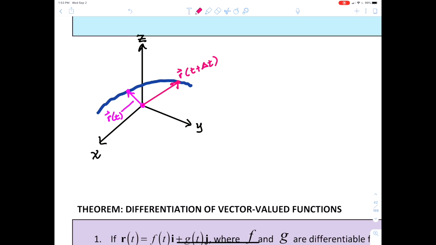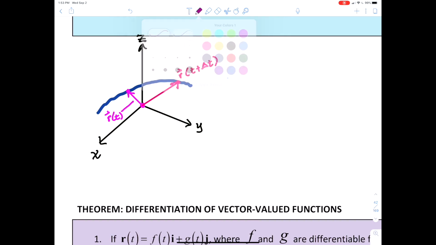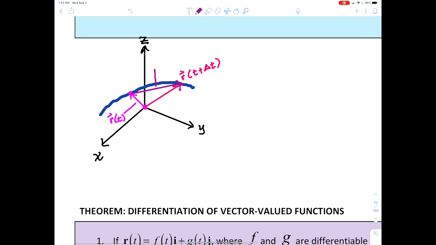Now, what is this difference going to be if you take a look now at the vector or the distance between these things? I will do it as the vector, right? Between these guys. That vector there is going to be the vector r at t plus delta t minus the vector r at t.